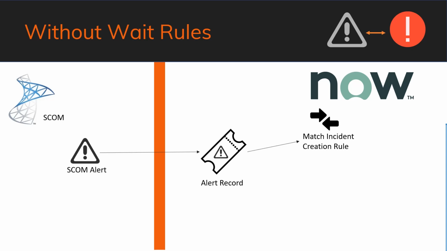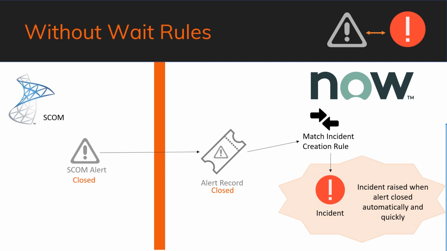It's instantly matched against incident creation rules, and if there's a match, an incident is raised. In the case of our spiky CPU, that SCOM alert will get closed really quickly afterwards, which results in the alert record being marked as closed as well. This incident will be raised regardless of what happens here, because the SCOM alert existed in most cases.